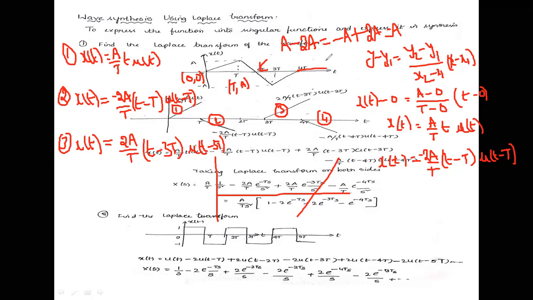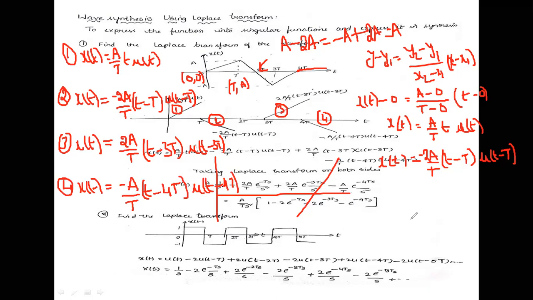Already the plus A is there, so to get 0, you can add minus A. So the fourth slope is x of t equal to: A is added with the minus 2A, it becomes minus A, and minus A is added with the 2A, it becomes plus A, and plus A is added with the minus A by T, it becomes the 0 slope, and it is shifted towards 4T, with mu of t minus 4T.